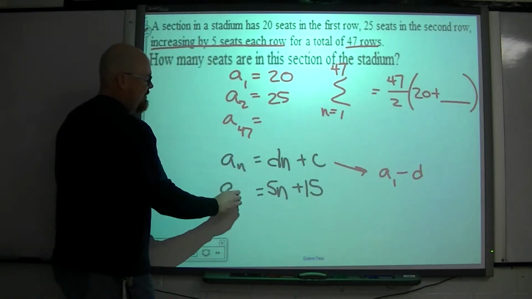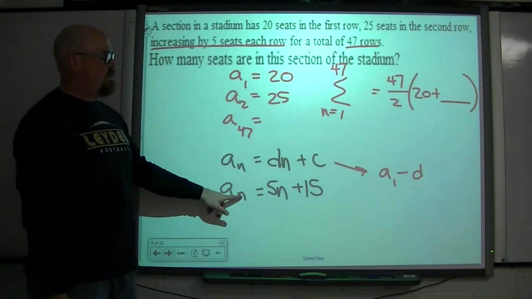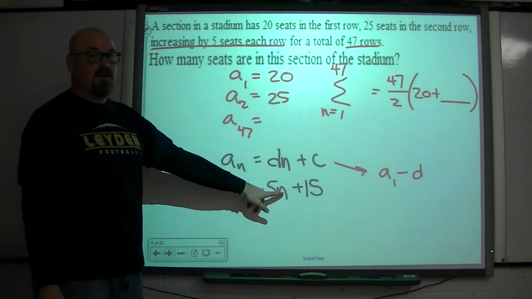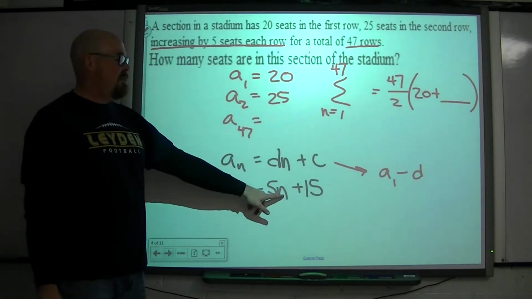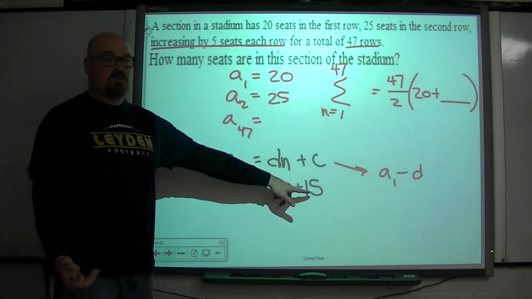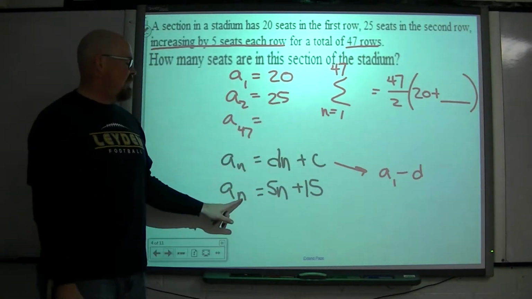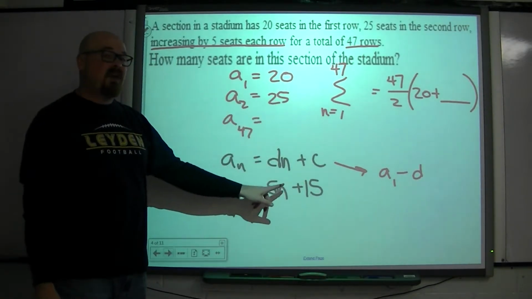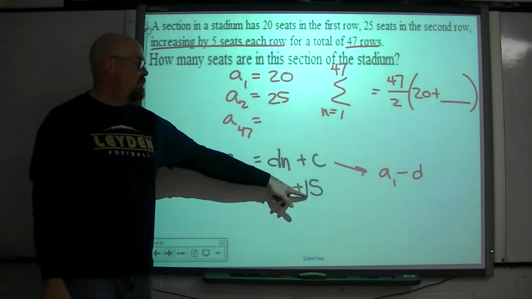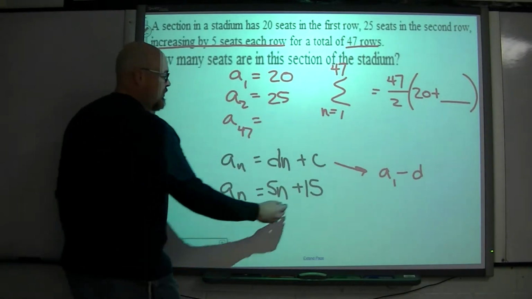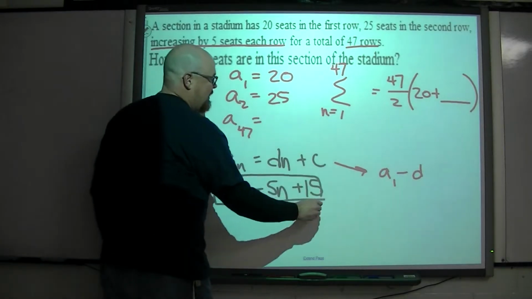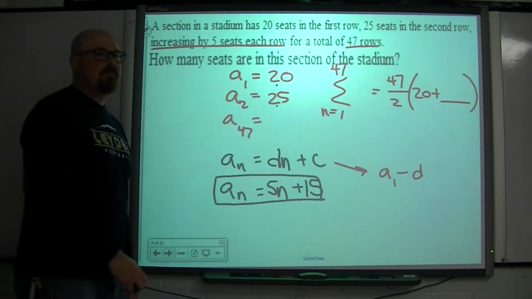See if this makes sense. Would the first term, if I plugged a 1 here, be 5 plus 15, which is 20? Yes, it is. What about the second term? If I put a 2 here, 5 times 2 is 10. 10 plus 15 is 25. So this is the rule that defines where these numbers come from.